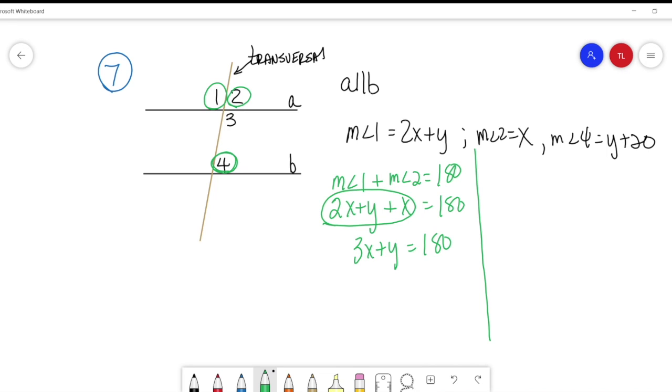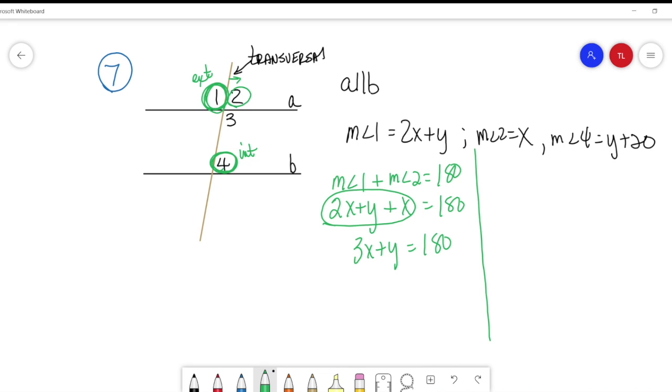Is there any kind of relationship between 1 and 4? Well, they're alternate, but they're not interior or exterior. One is exterior and this is interior. Could they be called corresponding? No, because they're not on the same side. You've got to be on the same side.